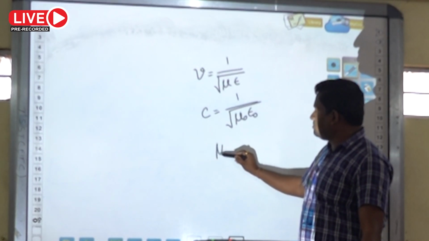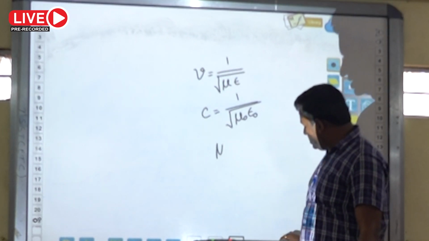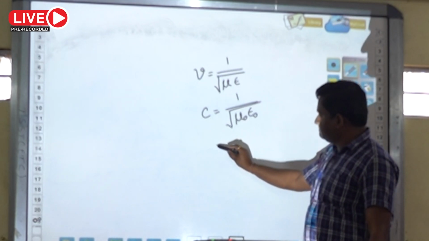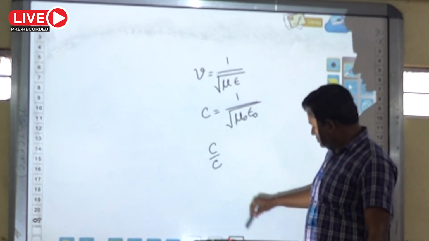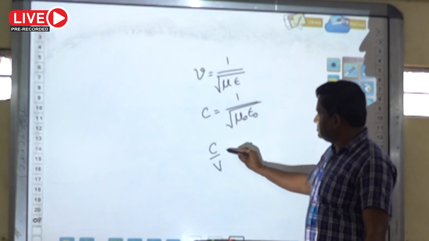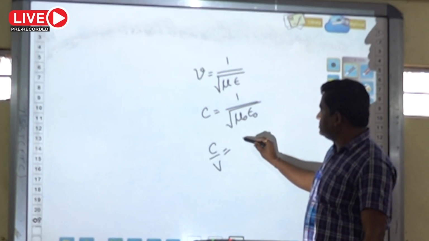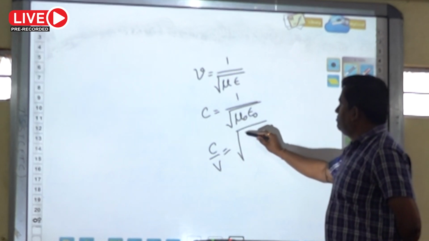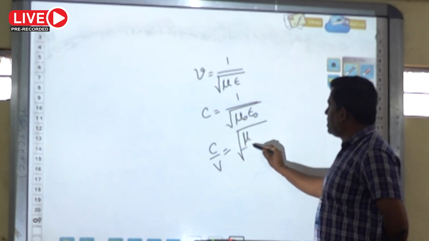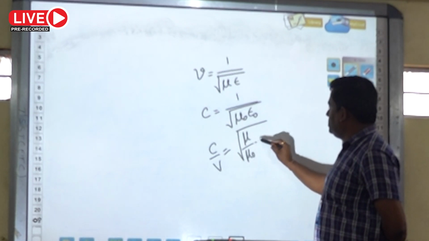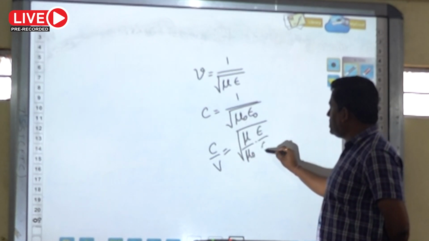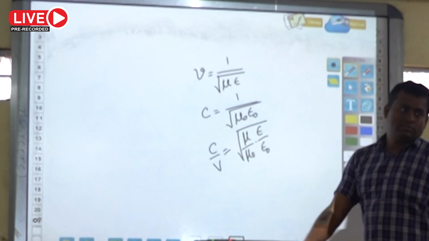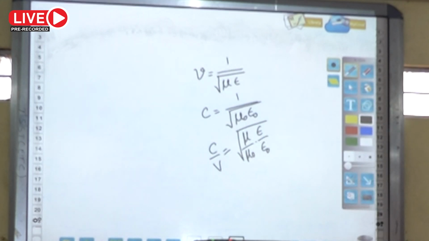Refractive index n means C by V. That means root over of mu by mu naught into epsilon by epsilon naught. Then calculate.